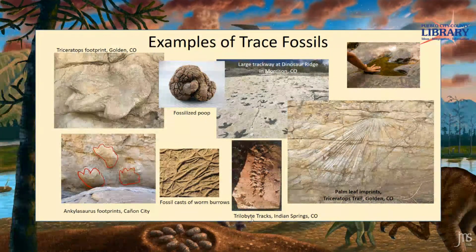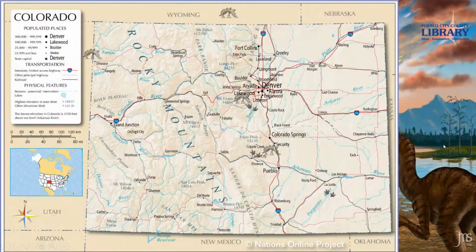And these are also from near here in Indian Springs, which is also in the Canyon City area. Now, you can also get trace fossils from plants, like these palm leaf imprints that are from the Golden area outside of Denver. And so lots of different kinds.